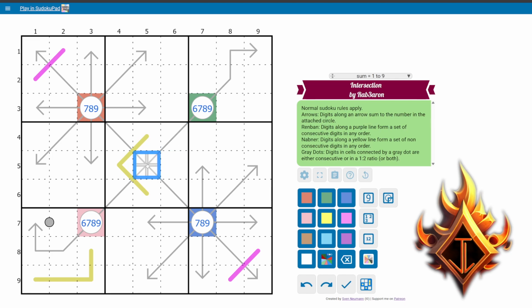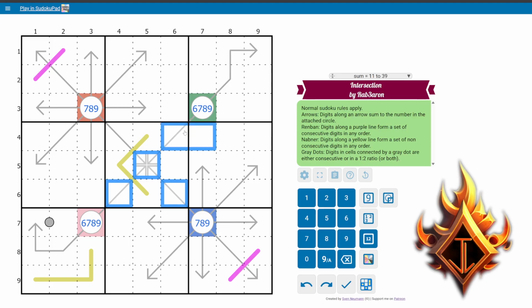But then I guess that would have to be a 1 in that case. So we'd have 1, say 6, 7, 8, and then we'd have a 9 somewhere, likely on the Nabner, because that would be the one with the most flex with other odds.